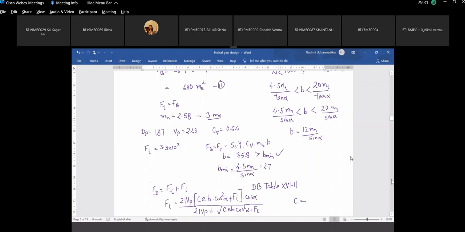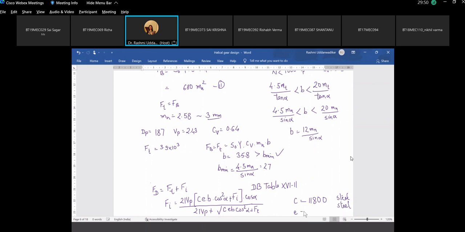Table number 16.4, page number 167. It is 11800 as per the design data book, for steel and steel, both forged steel.